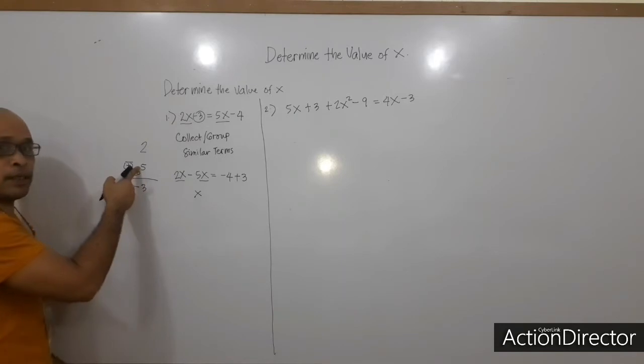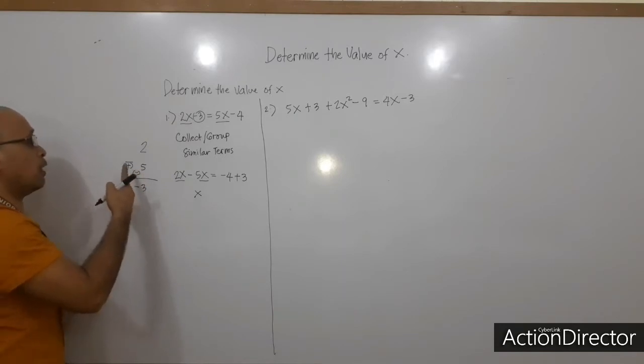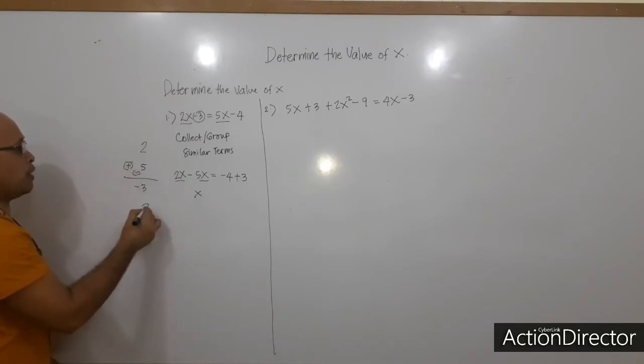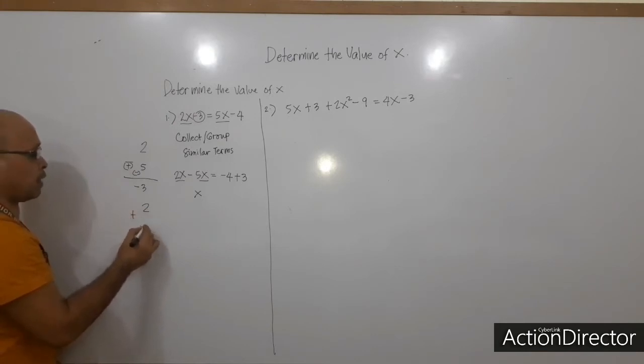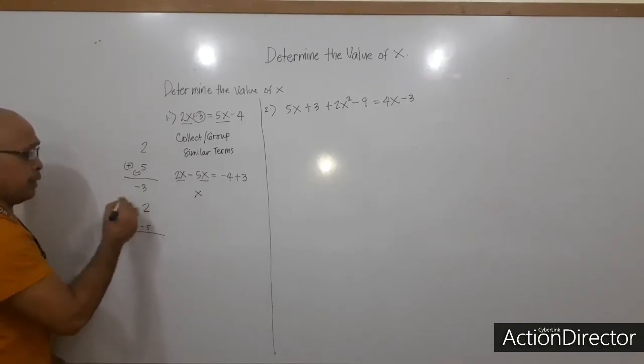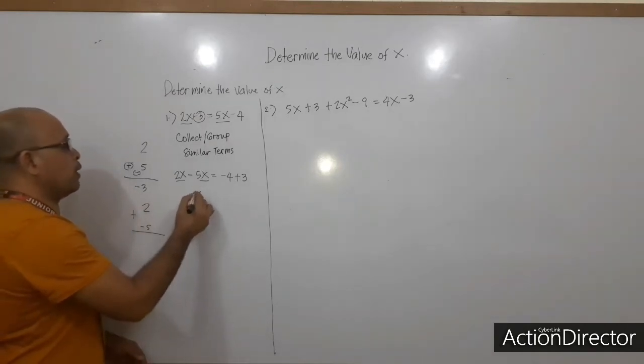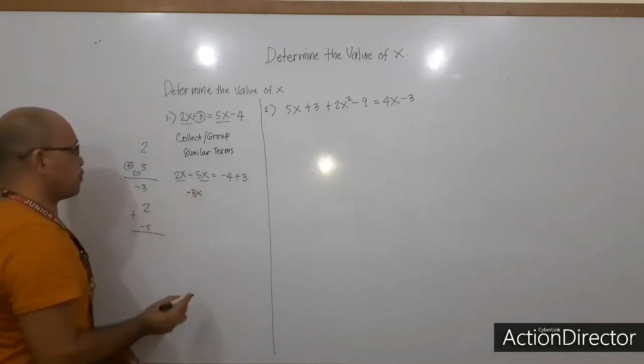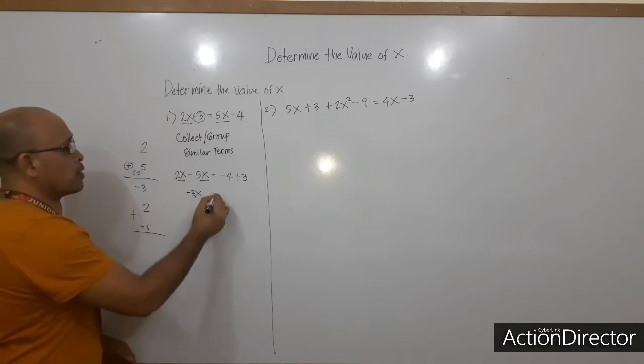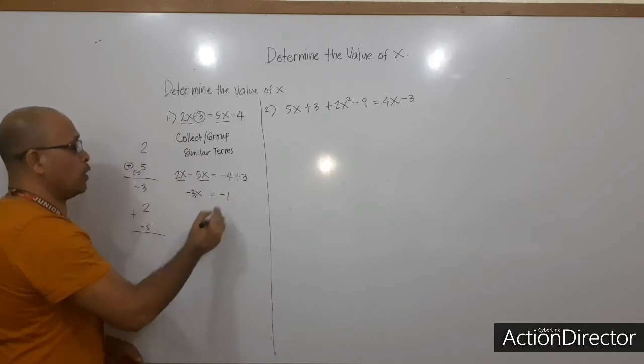The original is positive, so it will become negative. So it becomes 2 plus negative 5. Perform the addition of integers, and it will be negative 3. And then equals negative 4 plus 3, that is equal to negative 1.